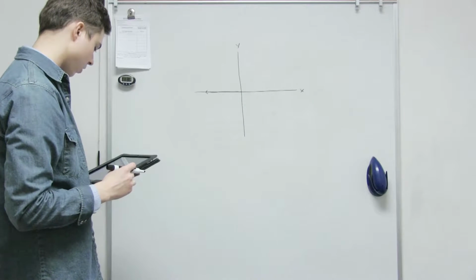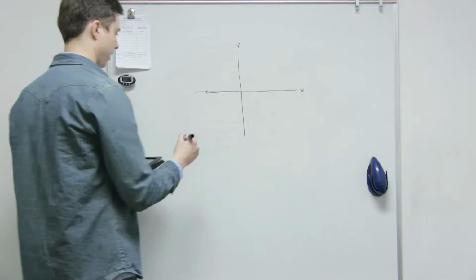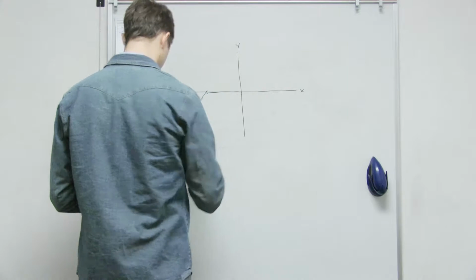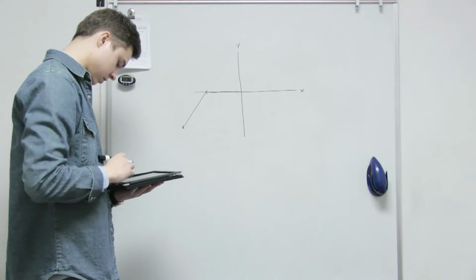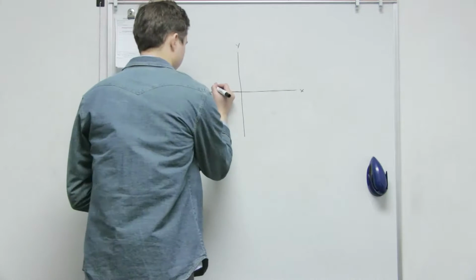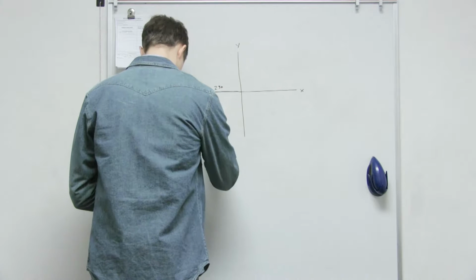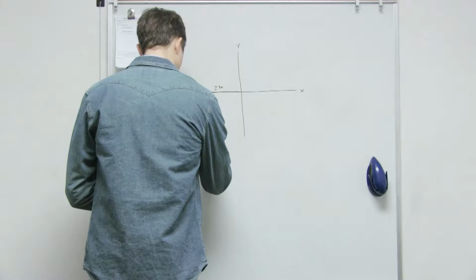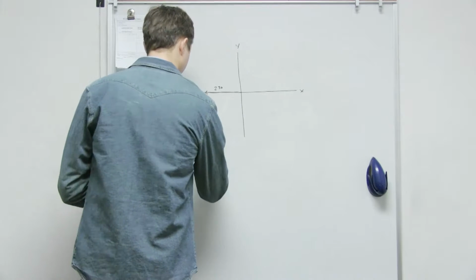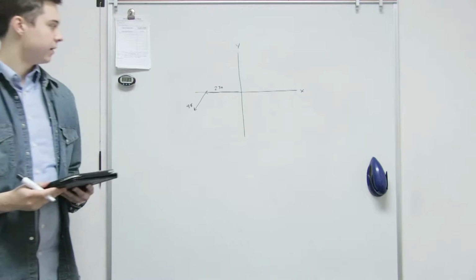And then they go southwest at a 45-degree angle. So that would be like that. And this is 230, and this is 98. Let's make that shorter so it's a little bit more to scale.